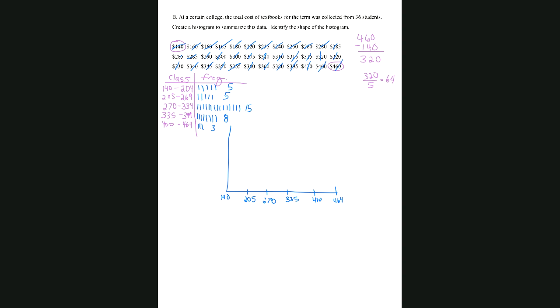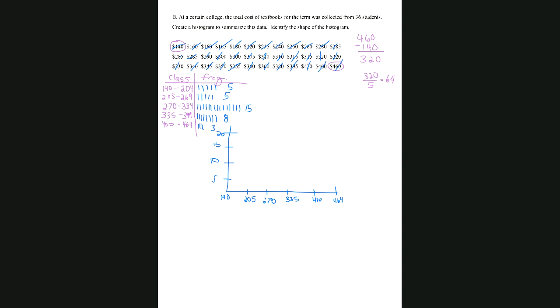Okay, now over here, I have 5, 15, 8, 3. Let's count by fives, and I'm going to have 5, 10, 15, 20. And again, if I had graph paper and I could make this really nice, I would. Yours is going to be really nice when you create it.